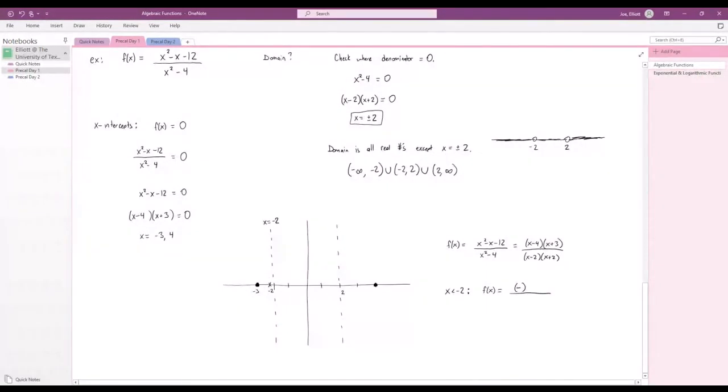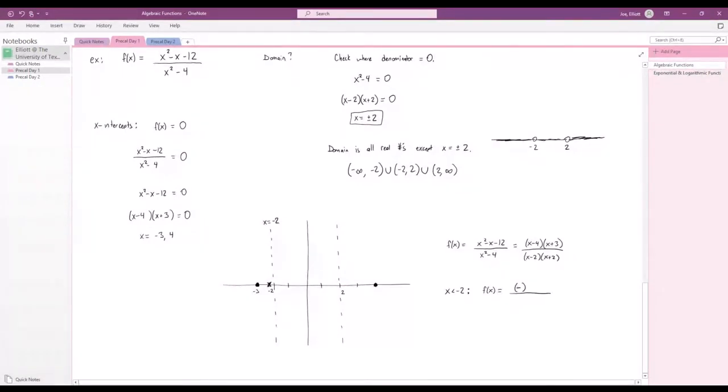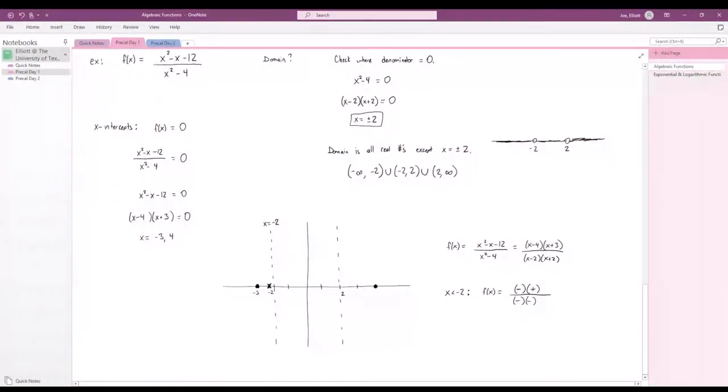Now, if it's to the left of -2 but close to -2, like in this picture, x plus 3 will end up being positive. x minus 2 looks like it would be negative. For x plus 2, x is slightly to the left of -2, so if we add 2 to it, we're still going to be a little bit less than 0. So that would still be negative.